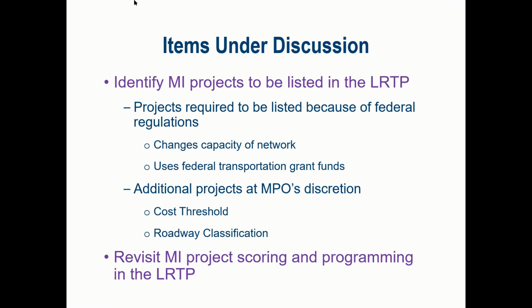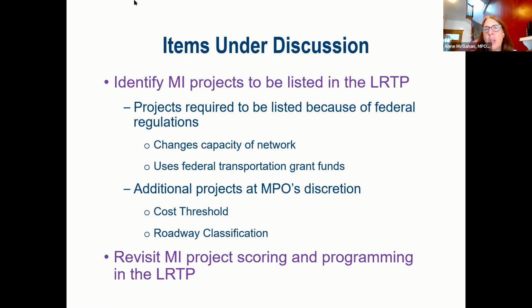We have Anna Christina. I just had a quick question. I understood what you said about there are times when a project can be rescored. How many times can a project be considered for rescoring since there's no dynamic system currently in place? Well, we would score it every time there's an LRTP, every 4 years. And then once it gets to the point where it's ready to go into the TIP, it would go through the TIP process and go through that TIP scoring process.